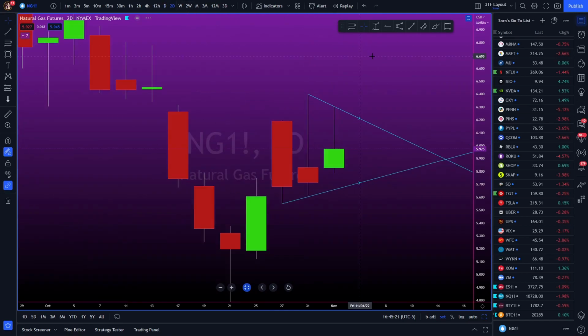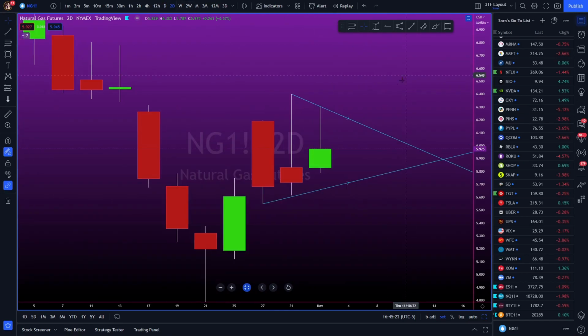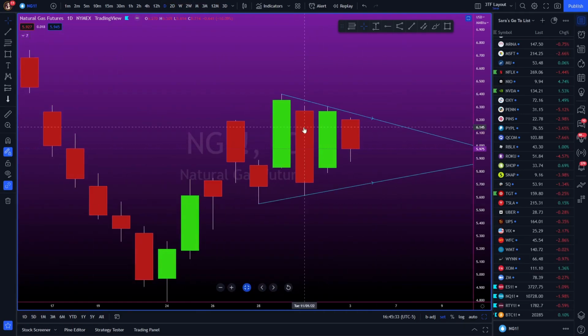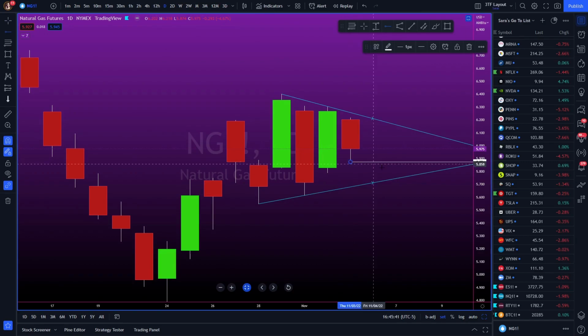If we went to a 2-day time frame, you'll see that we're completely inside this 2-day candle. So the way to trade this is you have double inside days. So tomorrow, this could potentially trigger a what?